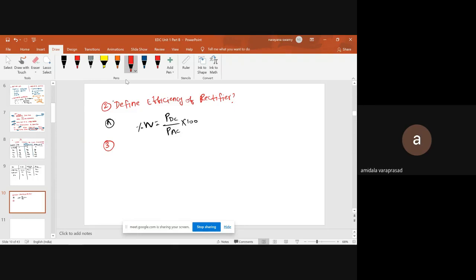So, next question is define ripple factor.